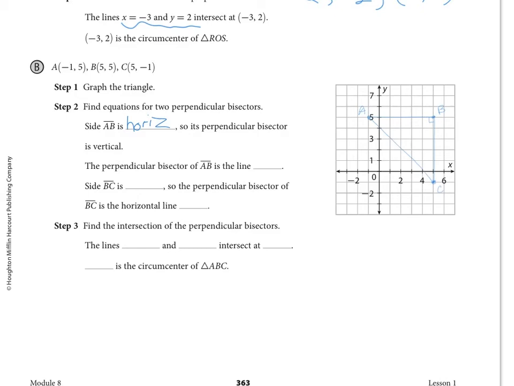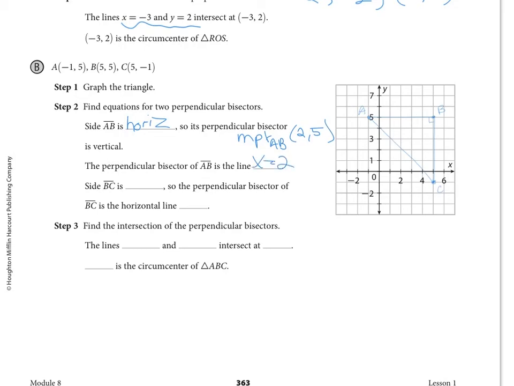And the perpendicular bisector of AB goes through the midpoint. If we calculated the midpoint of AB, we're going to get the point 2, 5. And the vertical line will go through that x coordinate, so that's the line x equals 2.